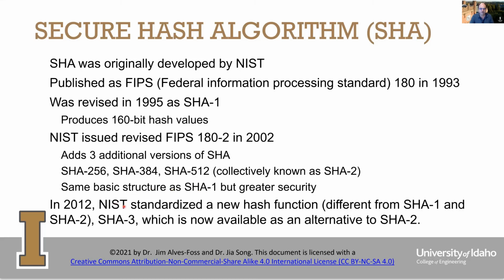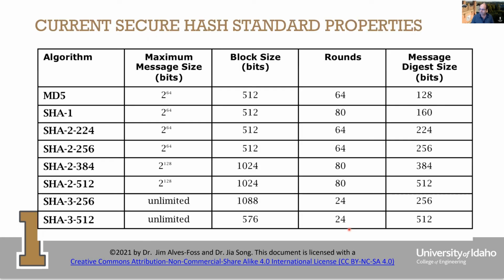In 2012, NIST standardized a new function, completely different than SHA-1 or 2, but they kept the same name. It's SHA-3, and it's now available as an alternative to SHA-2. And if we look at this, your message size, these older ones actually had maximum message sizes, 2 to the 64 bits, 2 to the 128 bits.